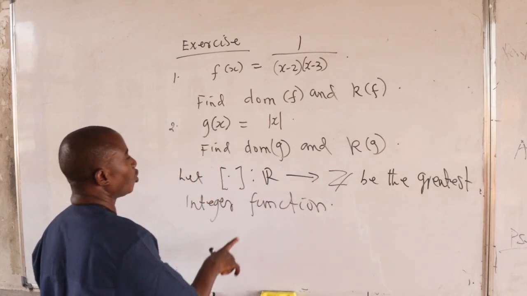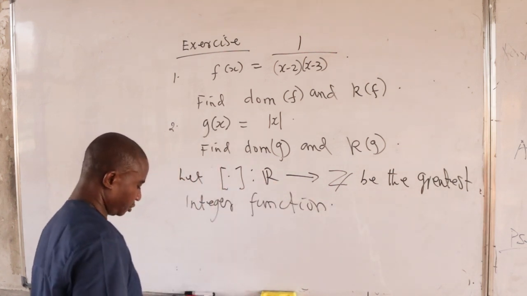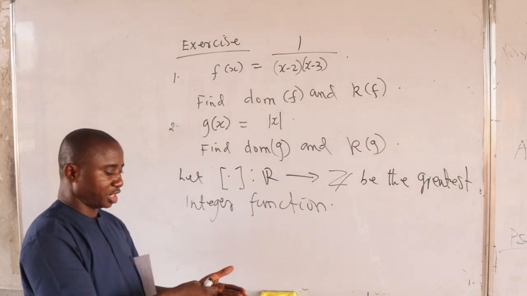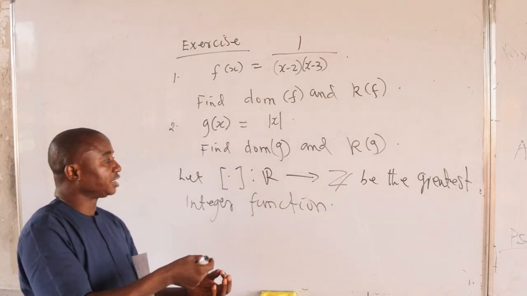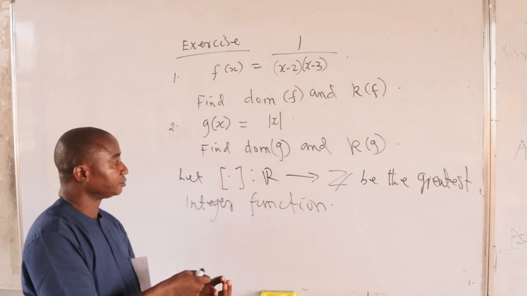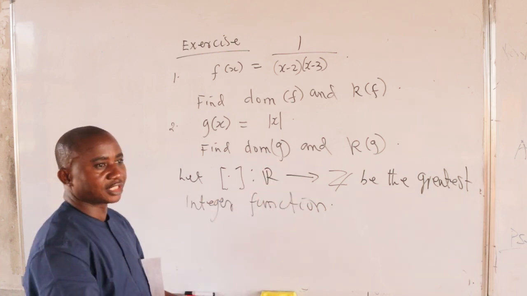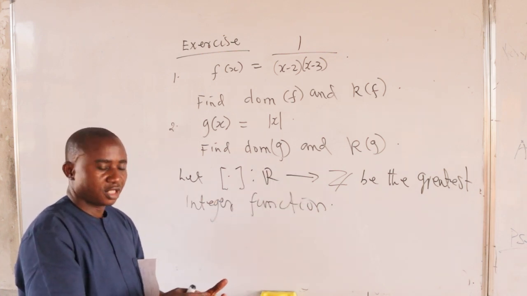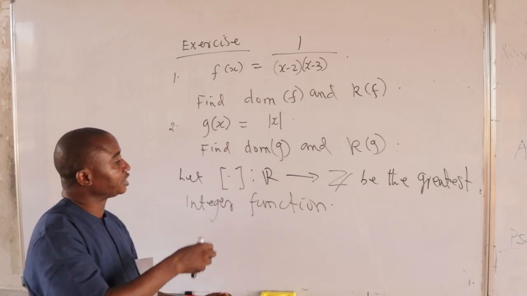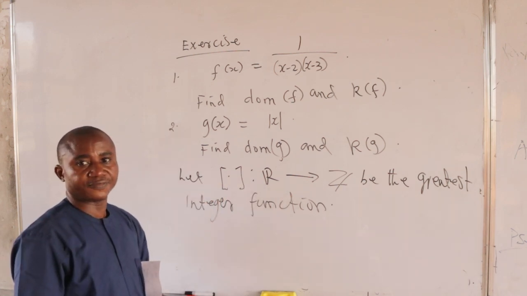As we know, what this function does is that for any real number you give to it, you look at that real number and consider all integers less than or equal to the number you have given it. After considering all those integers, you look at the greatest of all of them. That greatest of all of them is the output for the given real number.